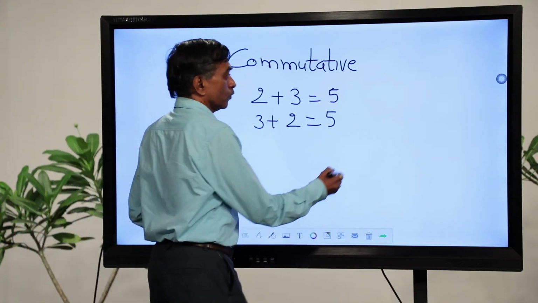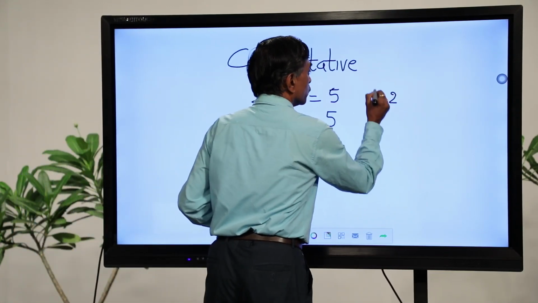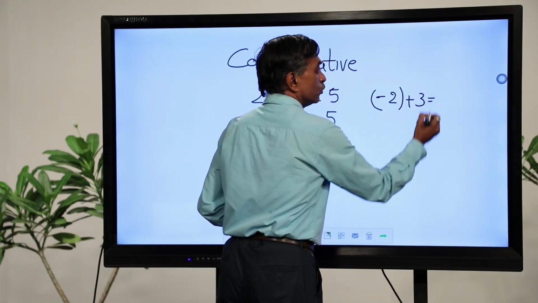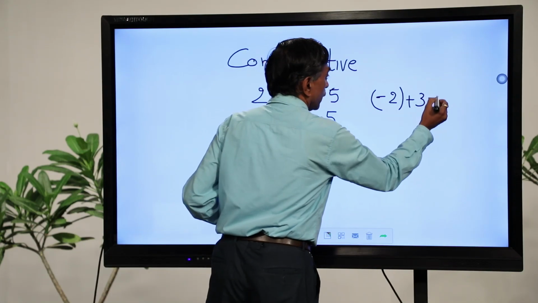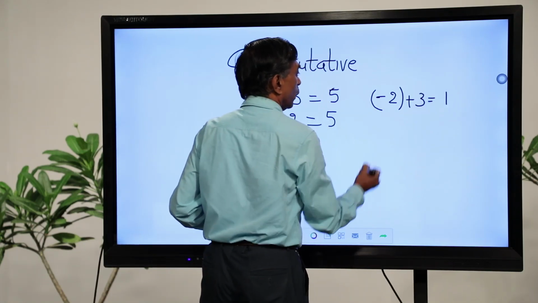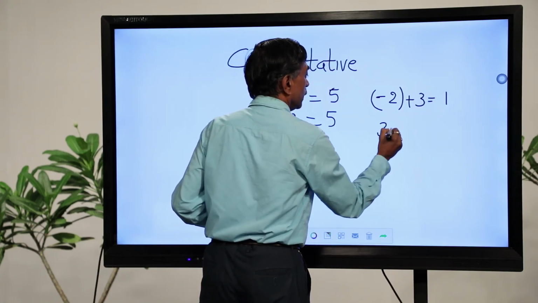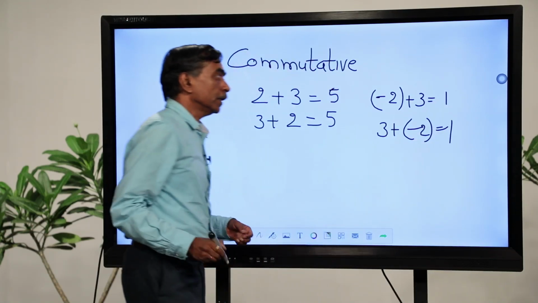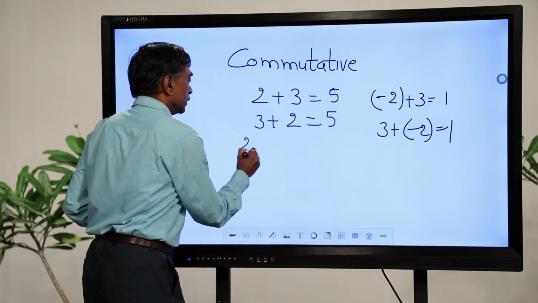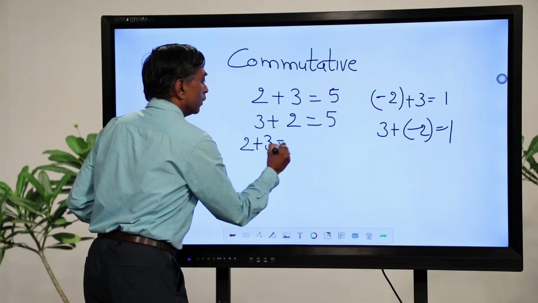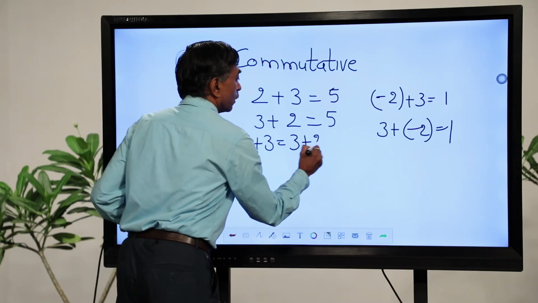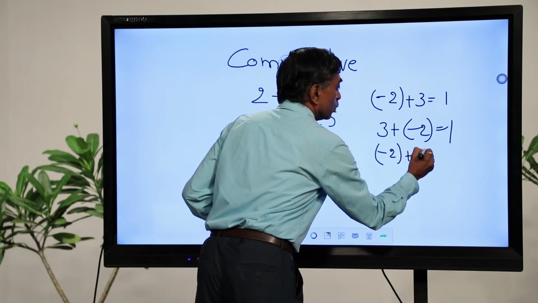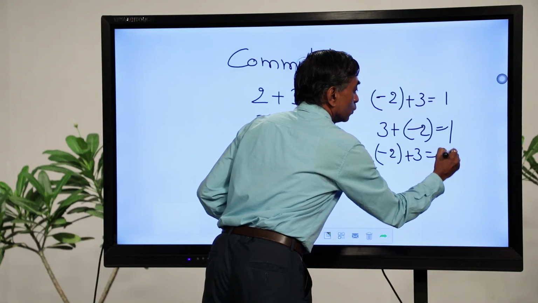Similarly for integers, for example, if you say minus 2 plus 3 is equal to, as you know from the operations of integers, addition operation, this is nothing but 1, and if you say 3 plus minus 2, again you are going to get 1. It means that just as here 2 plus 3 is equal to 3 plus 2, here also minus 2 plus 3 is equal to 3 plus minus 2.